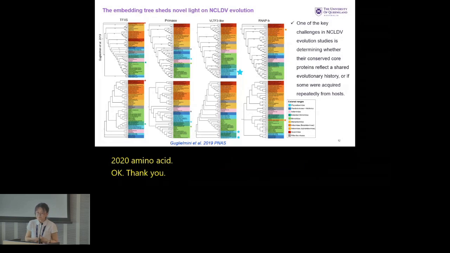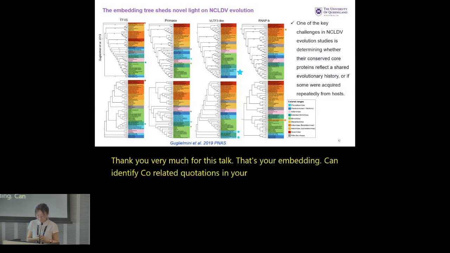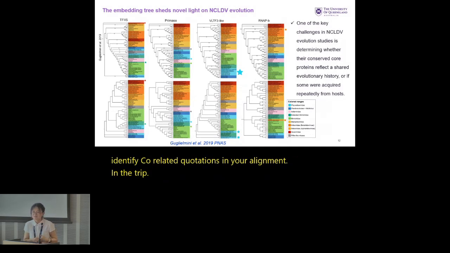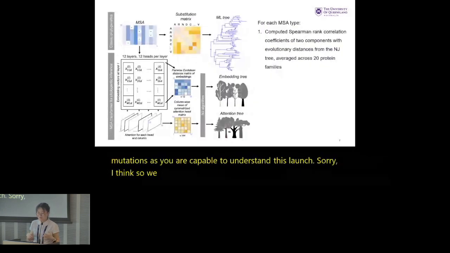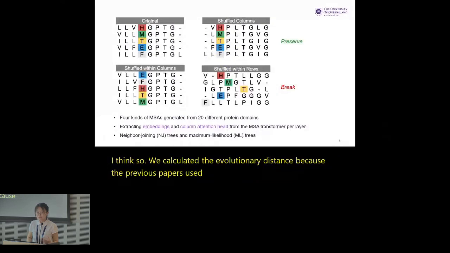Thank you very much for this talk. Can your embedding identify correlated mutations in your alignment in the tree? Sorry? If you can identify correlated mutations from the alignment. I think so. We calculated the evolutionary distance, because previous papers used the Hamming distance. We know Hamming distance is an editing distance and is not accurate for portraying the evolutionary relationship.